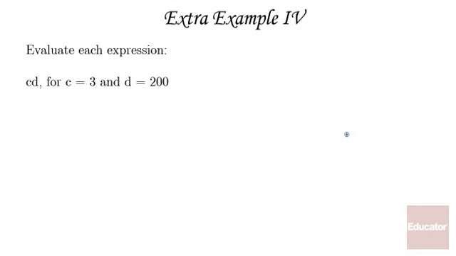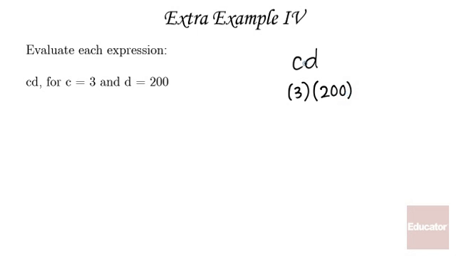In the final example, example 4, evaluate the expression CD. When I have two variables next to each other like that, C, D, this means C times D. So C times D. C represents the number 3, and D represents the number 200.